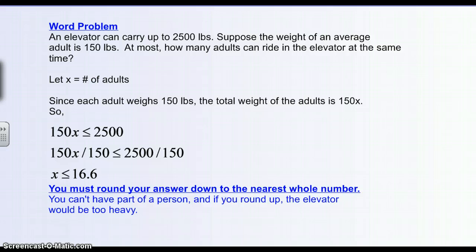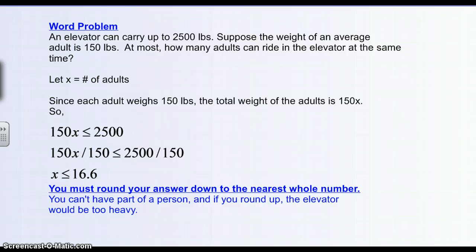Now you have to stop and think logically about this. You have to round your answer down to the nearest whole number. We can't have a part of a person on an elevator, so 16.6 is not possible. I know in your normal rounding rules, if something is 0.6 and you're rounding to the nearest whole number, you would normally go up to the next whole number.